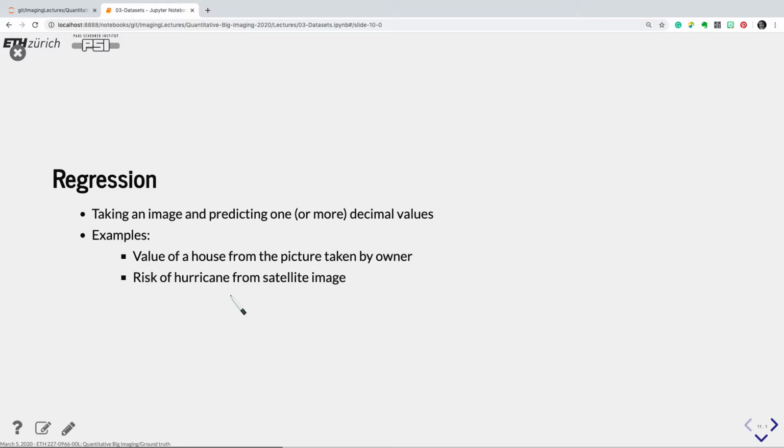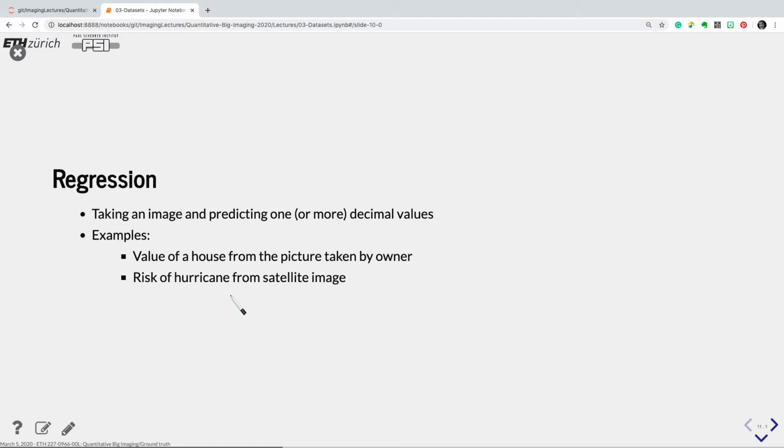And that's, I would say, a classic exercise task to do, because there is a huge database of American house prices and all the interesting information around them. Also telling from a picture of a hurricane if there is a risk.